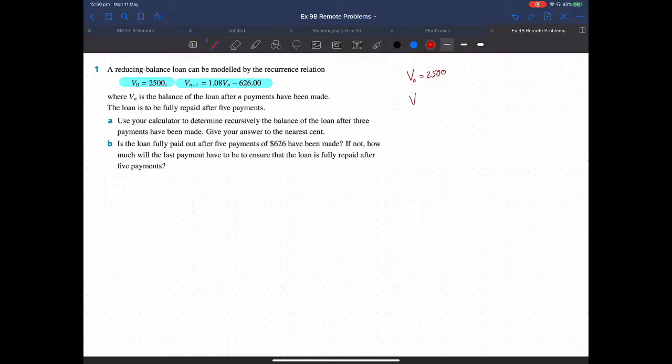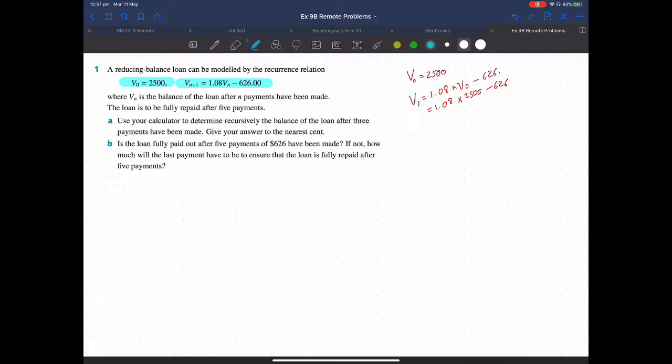V1 will equal 1.08 times V0 minus 626. V0 was 2,500, so we would get 1.08 times 2,500 minus 626. But we have not been asked to work it out that way.